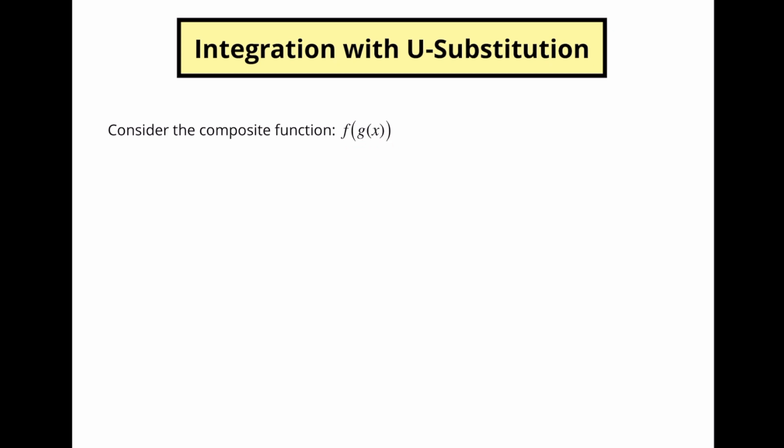Now, if we've got f of g of x, and we take the derivative of this function with respect to x, we need to take the derivative of the outside, and then multiply that by the derivative of the inside. When we do that, we see that we've got an original function inside here, and then a derived function out here.